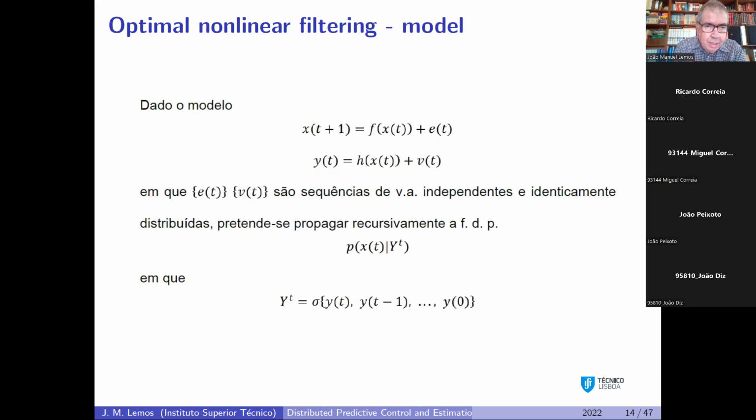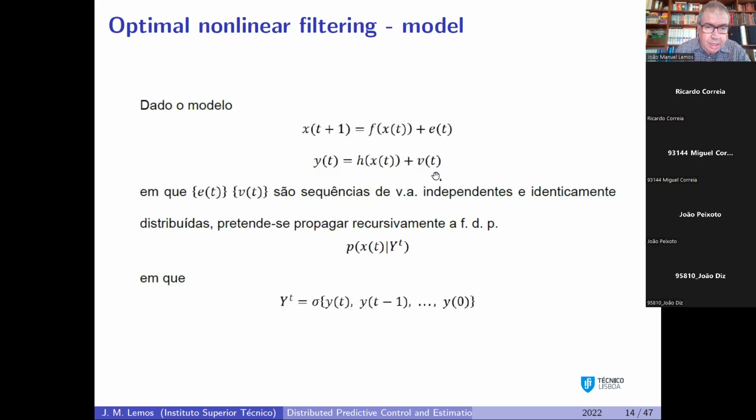Okay, let's consider a nonlinear model. X of t plus 1 is equal to f of xt, where f is some function, plus some noise, et. And then you have the model of the sensors. Y is equal to h of xt plus vt.